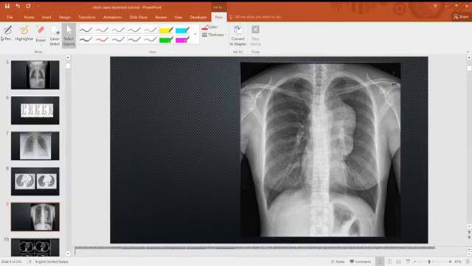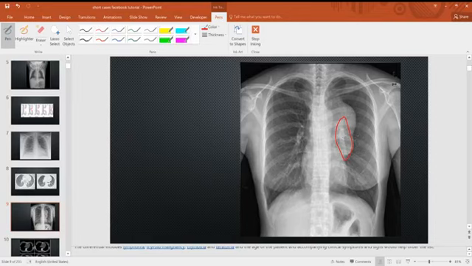As we see here, the hilar shadows are seen within the mass. So this is the hilar overlay sign, and so the mass is not in the middle mediastinum.